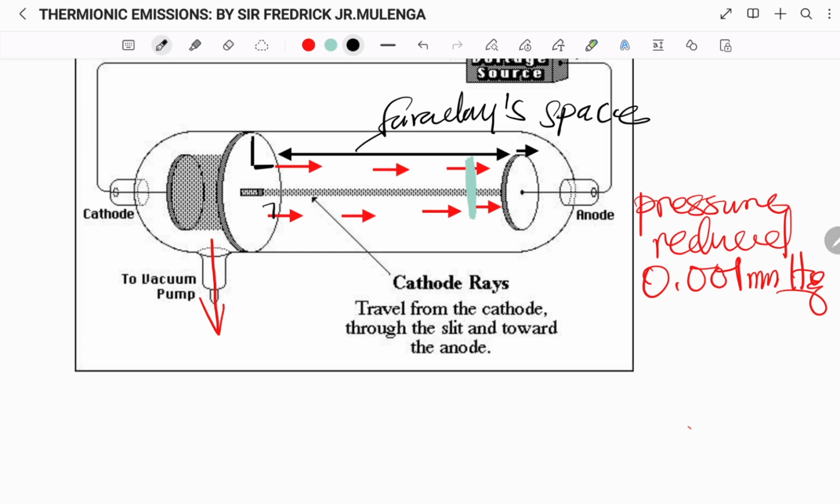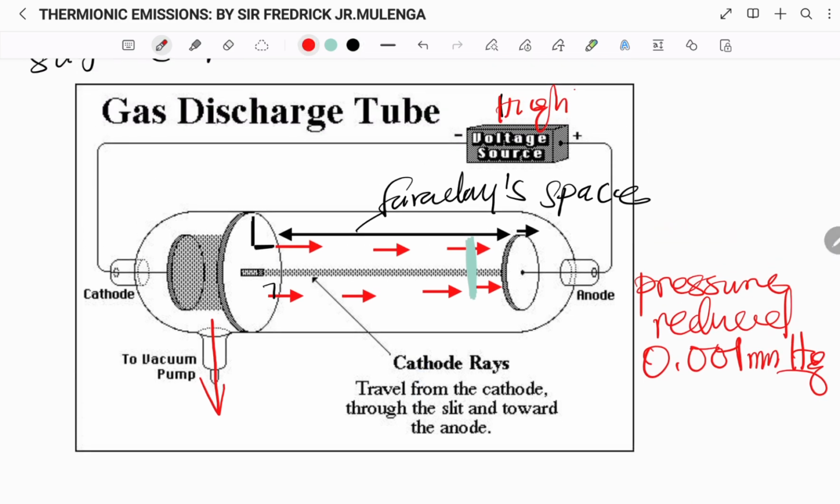What's the next property? They noticed that when they brought a magnetic field, maybe the north pole on that side and the south pole on the other side, these cathode rays were deflected towards the north pole of the magnet.